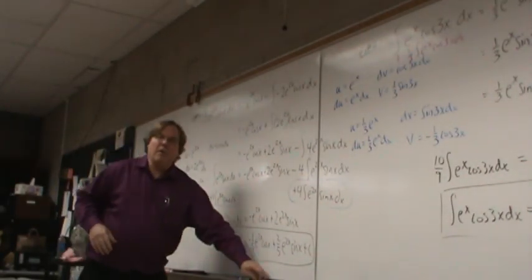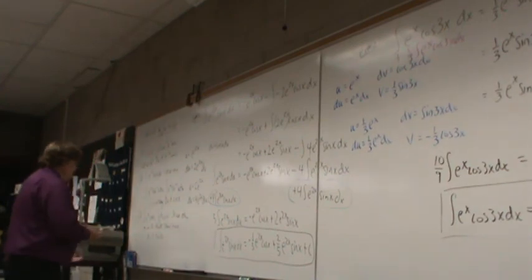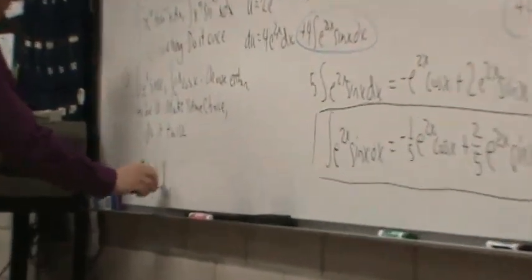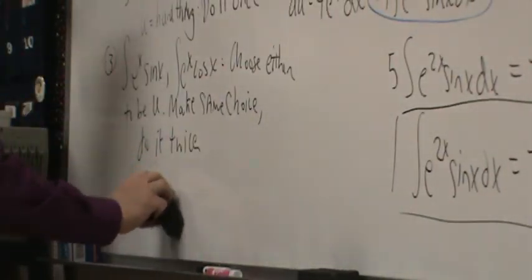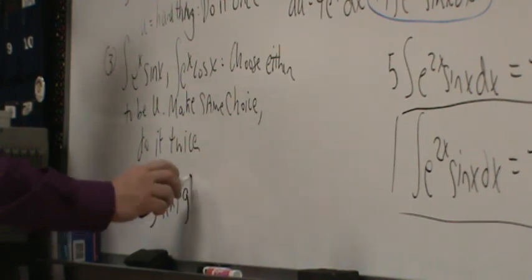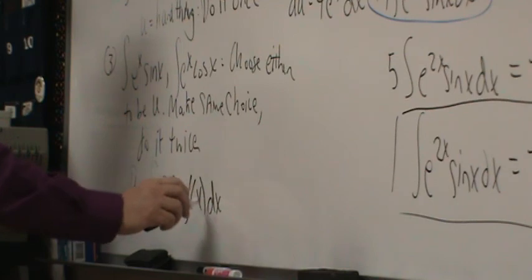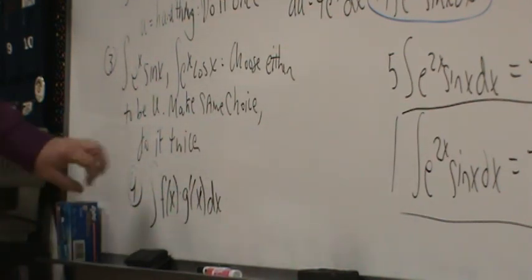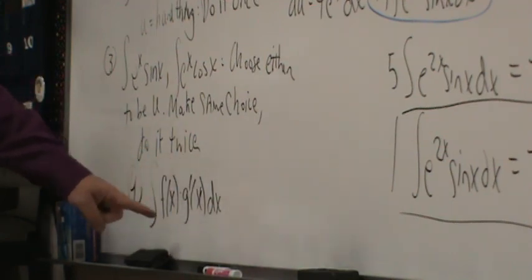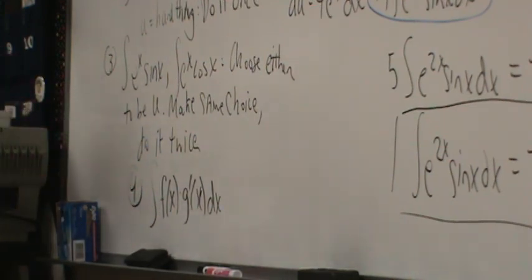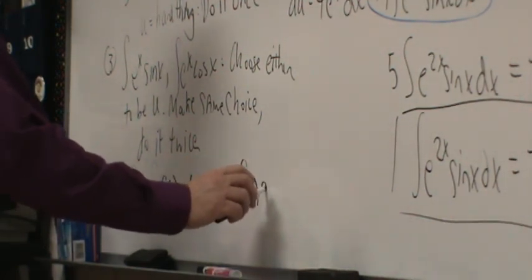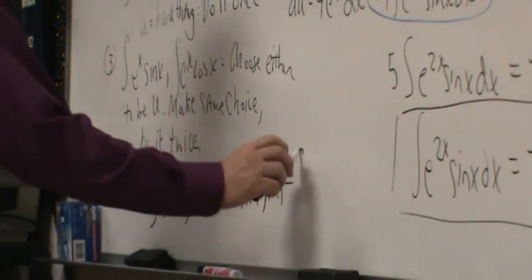Okay, then the last thing is just, you need to be equipped to generally recognize, if you've got something that looks like f of x times g prime of x dx, where one of the factors is some function, and the other factor is something where it's obvious to you what the antiderivative of it is, then occasionally you want to just do your integration by parts.